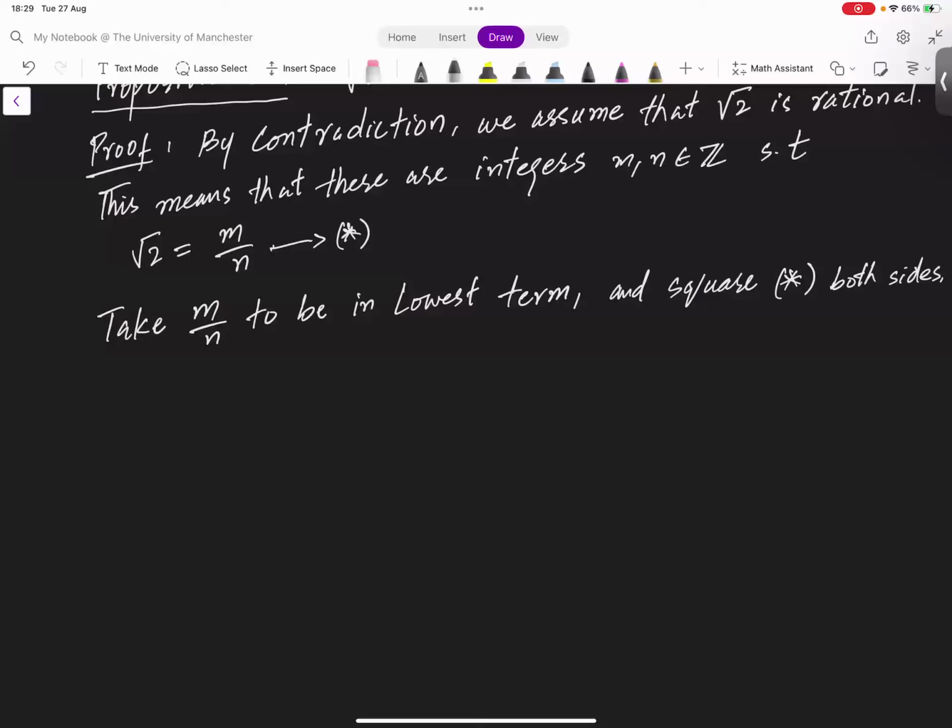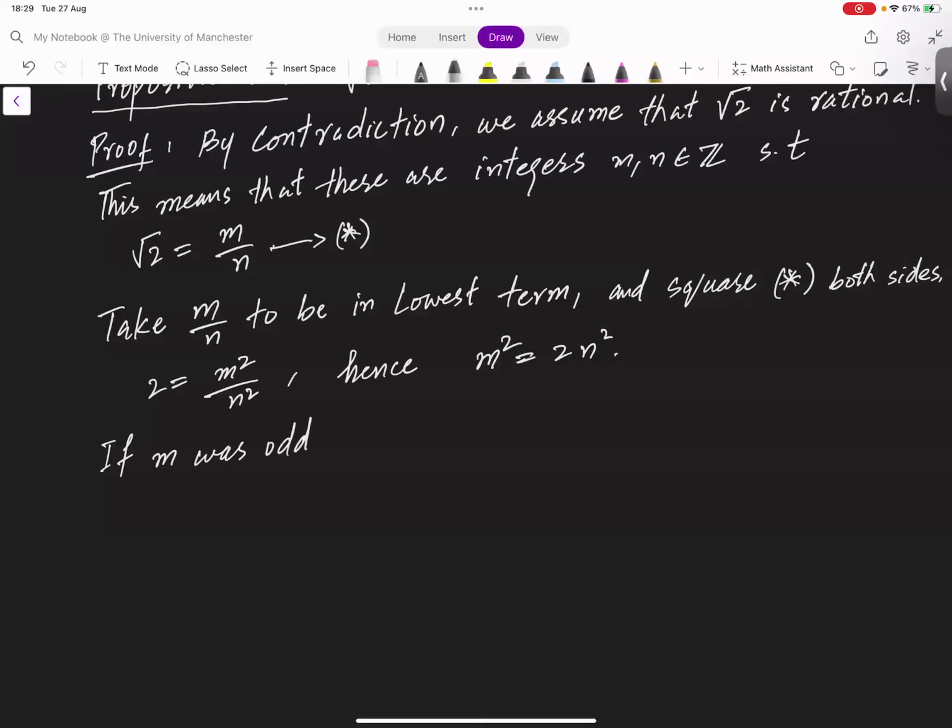We will get 2 is m squared over n squared. Hence, m squared is 2n squared. And if m was odd, then m squared would be odd.